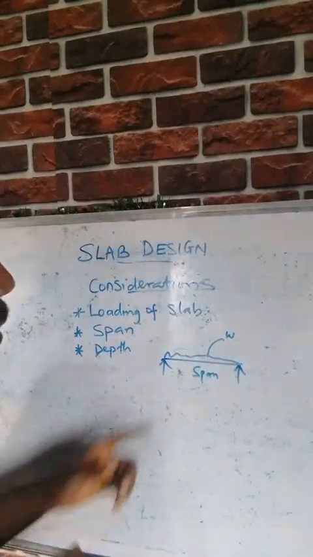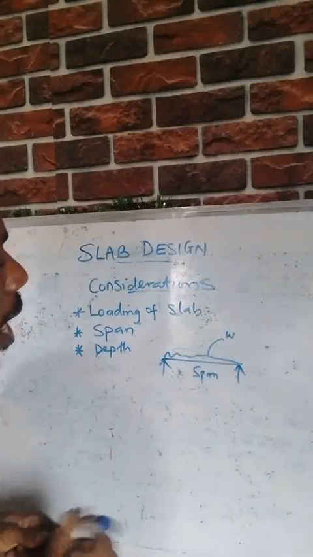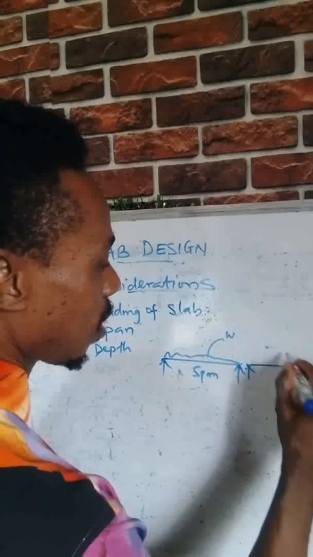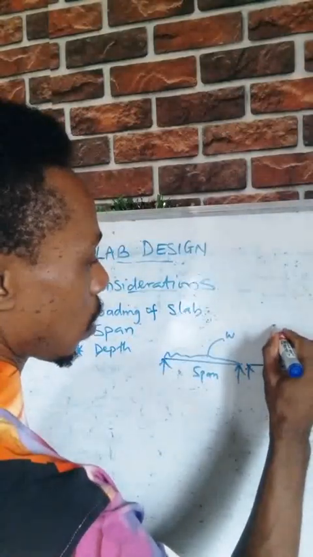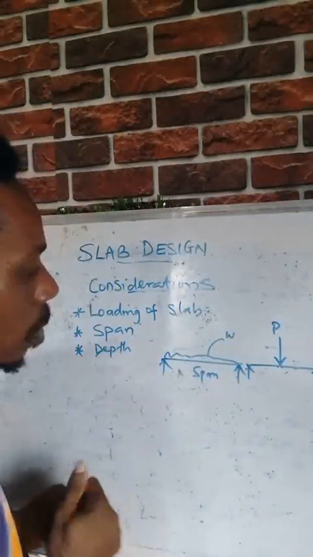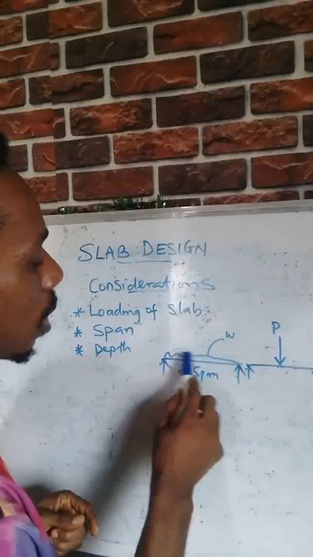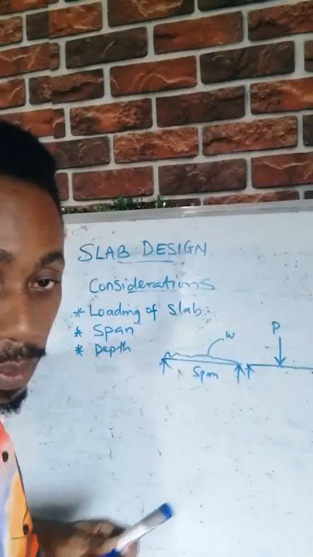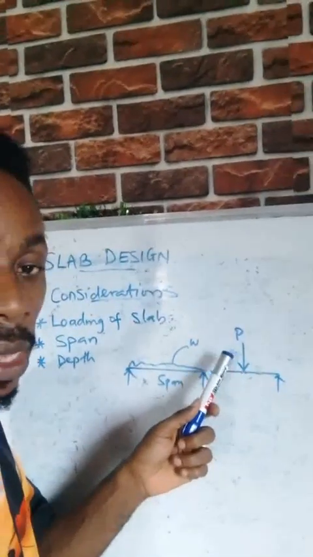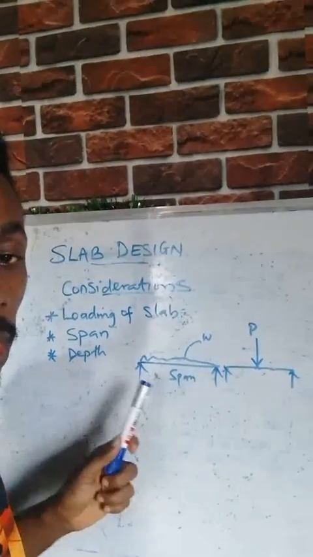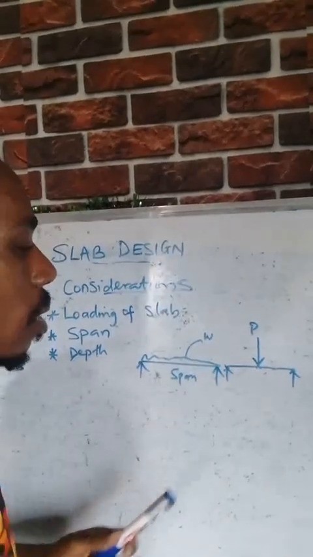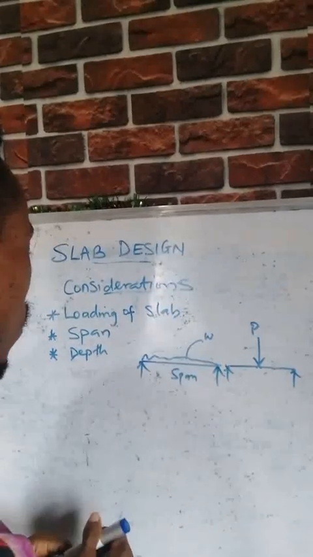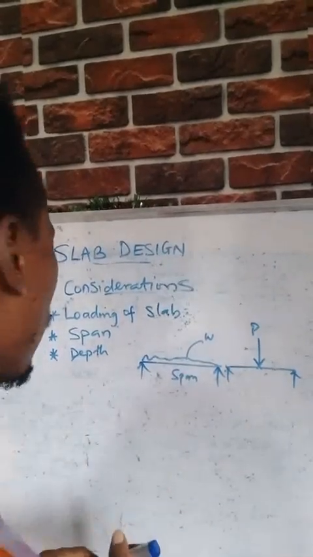We also have this loading in this way. This is a uniformly distributed load, while this is a point load, but they are all simply supported slabs. So we have to look at that.